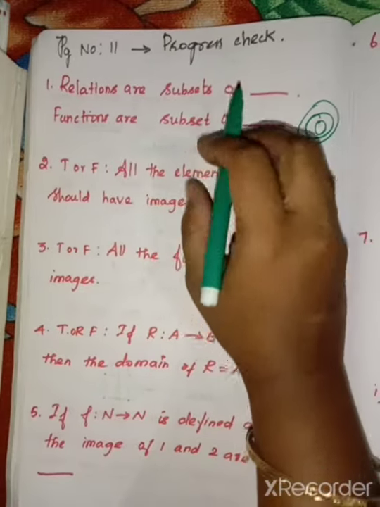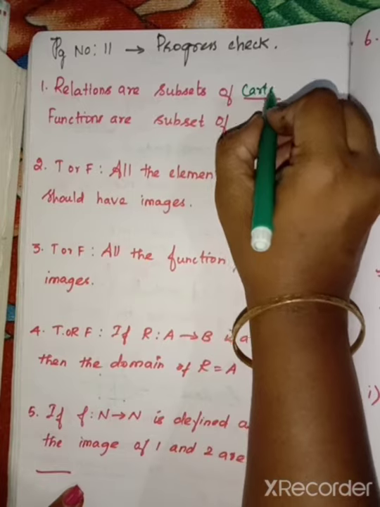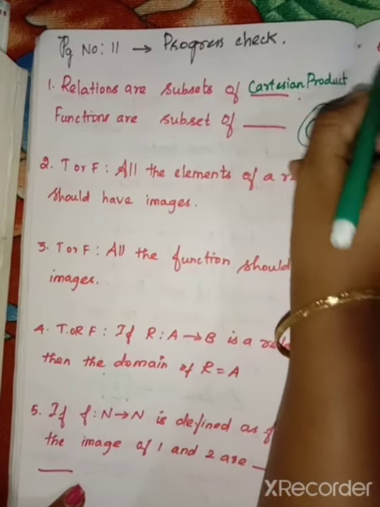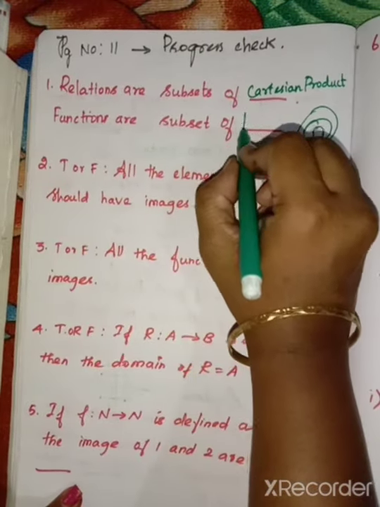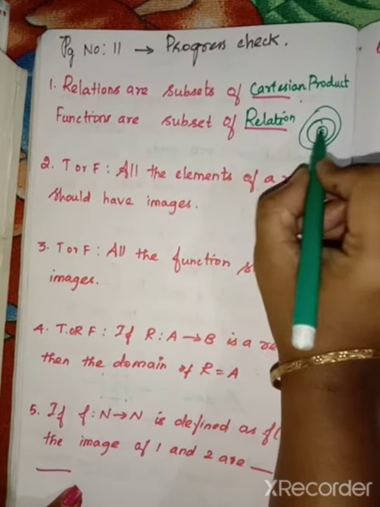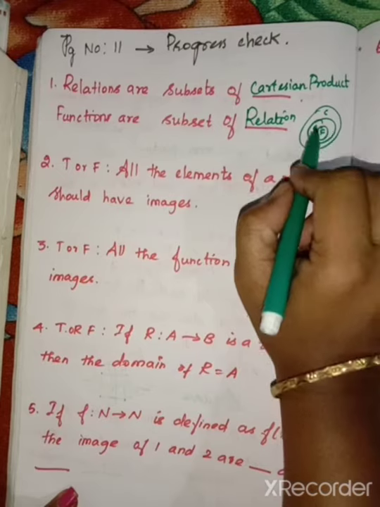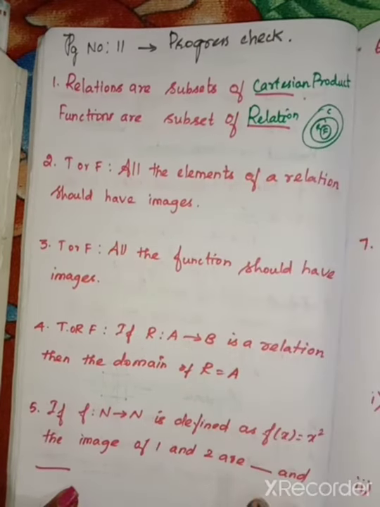Relations are a subset of the Cartesian product. Functions are a subset of relation, because function is inside, relation outside, and Cartesian is the third layer. So R is a subset of Cartesian product, F is a subset of relation.